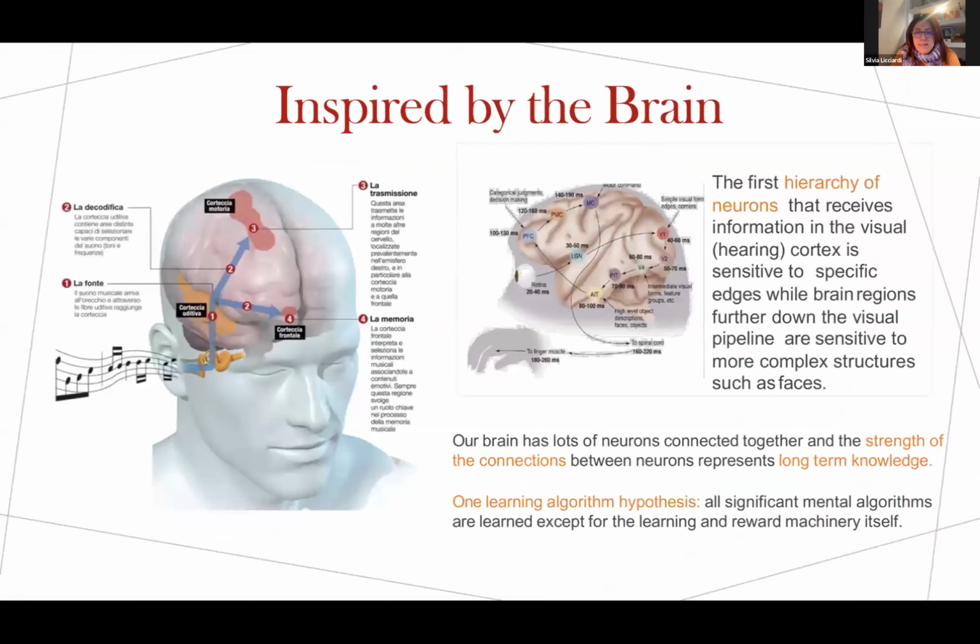It is inspired by our brain, and by how our brain learns from external input. We have contact with the world outside ourselves through our five senses, so visual, hearing, and so on.